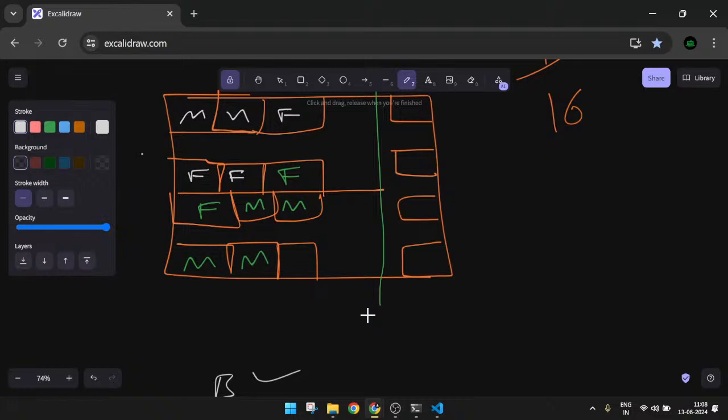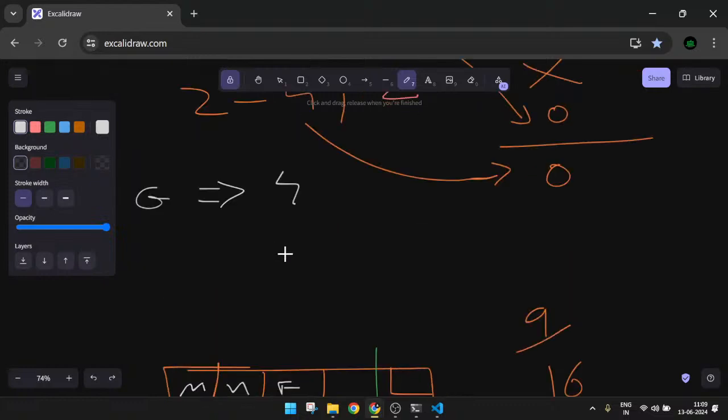And they will occupy. They can adjust, isn't it? They can send a person who is sitting here, and she can come here. I should not care about that. So I should go like this only.